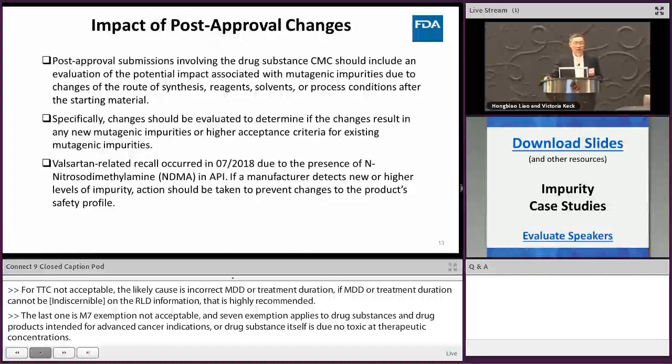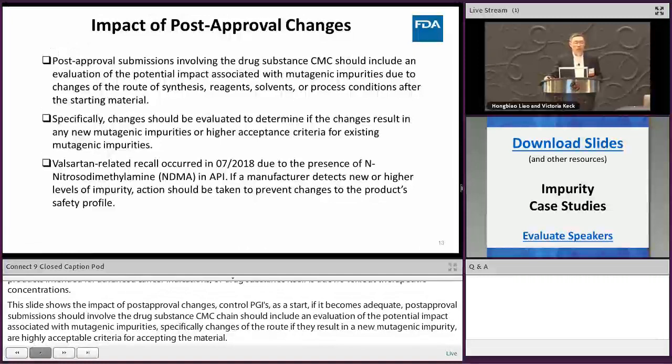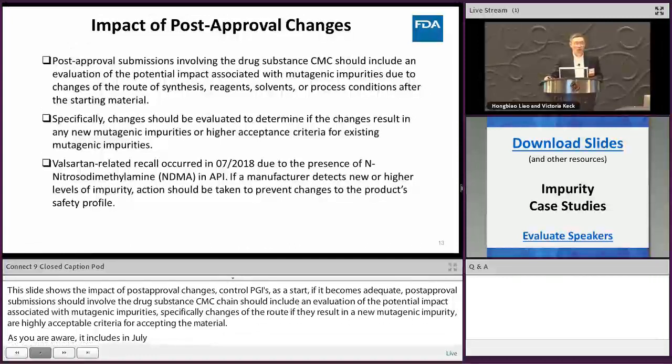As you are aware, a recall occurred in July 2018 due to the presence of N-nitrosodimethylamine, NDMA, in API. If a manufacturer detects new or high-level impurities, action should be taken to prevent changes to the product's safety profile.